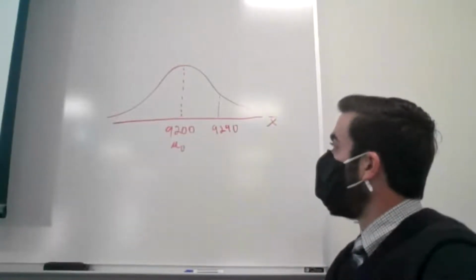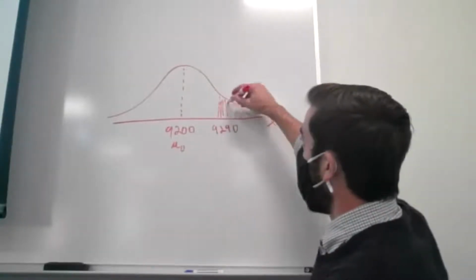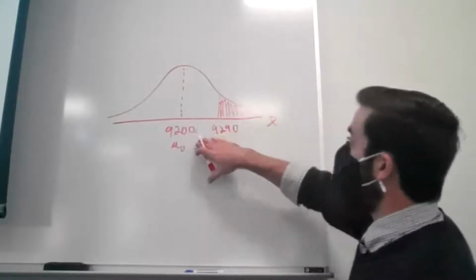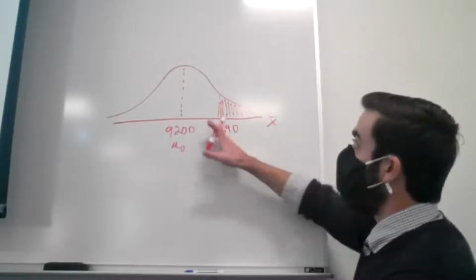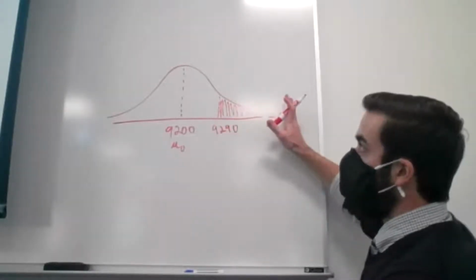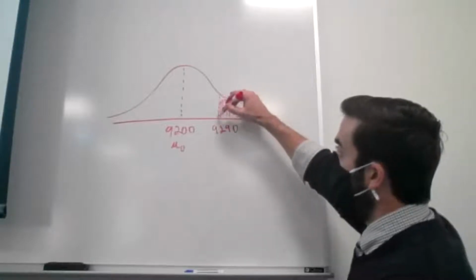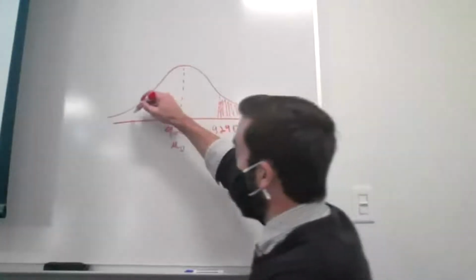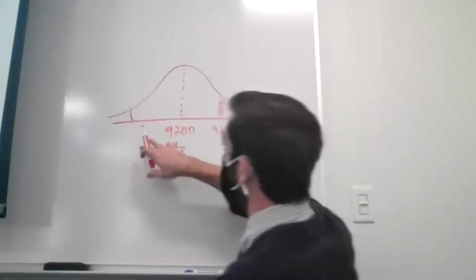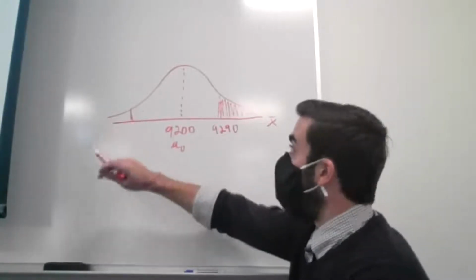Okay? So the first one, let's think about what the p-value approach would look like. The p-value is essentially the probability I saw sample evidence that goes against the null as far away as I did or anything even further away. Now the problem is, if we have a two-tailed test, seeing 9,290, it would have been equally as likely for me to see something that far away from the assumed true mean but below it, and that would go against the null.